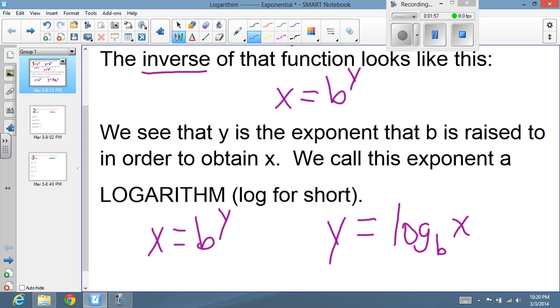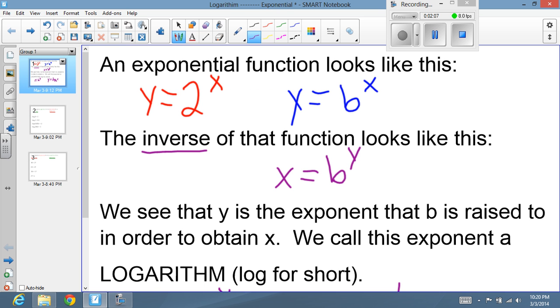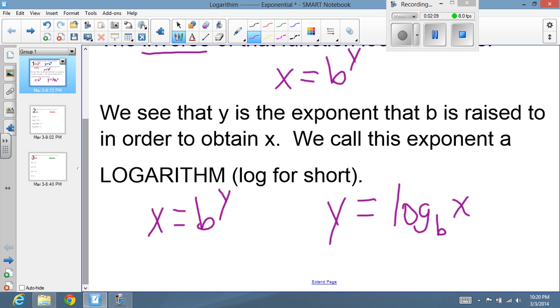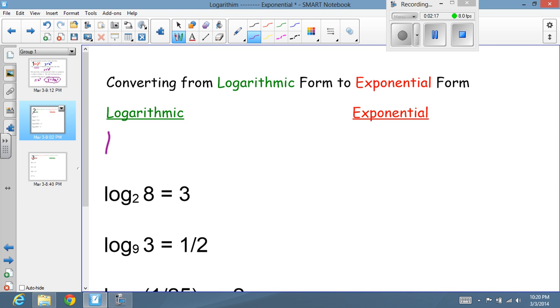Now, that's just kind of the short of it. You'll see here in the next slide how we actually convert between these. So once again, the way I just had that written, I'm just going to flip the order on this, and I'm going to put log b to the x first. Log base b of x equals y.